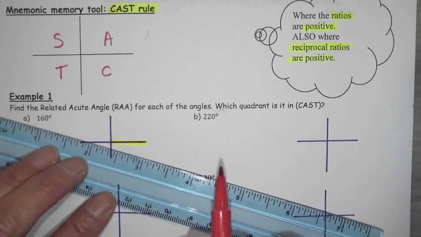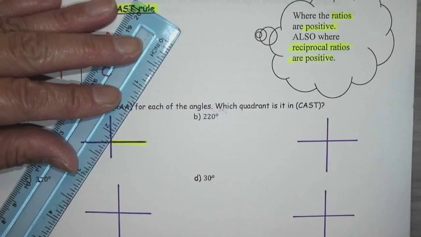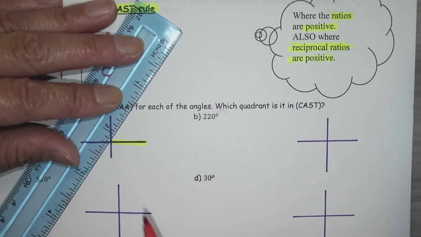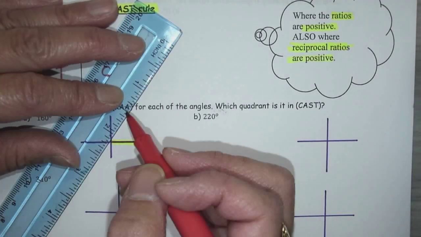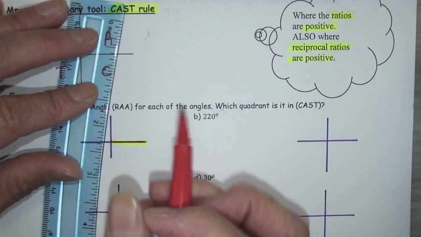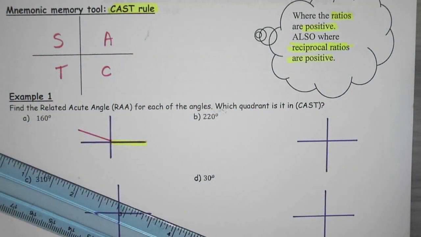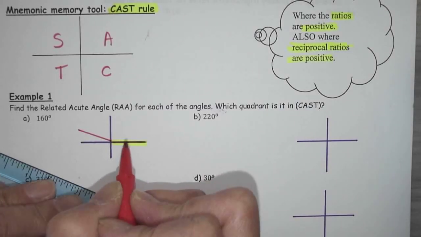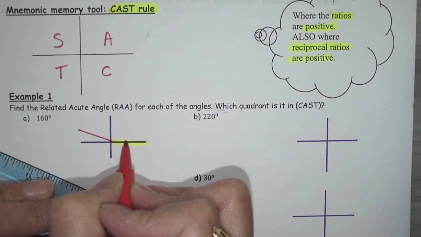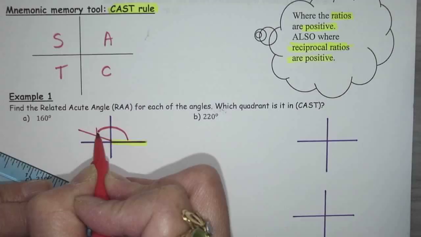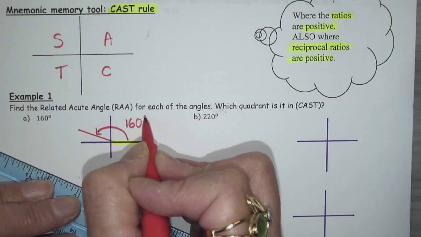Makes sense? So 160 should be here. How do I know it's not here? No, it's not acute, right? It's more than 90, so draw it somewhere here. Does that make sense? So 160. We're just drawing the angles, knowing that you start from your positive x-axis, so this is 160.